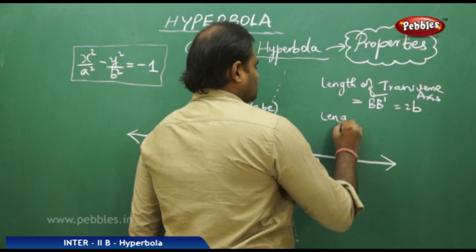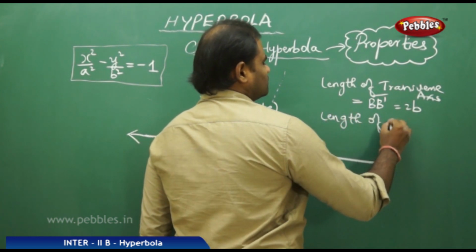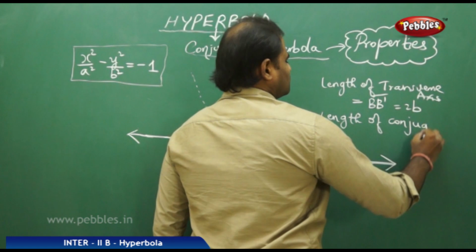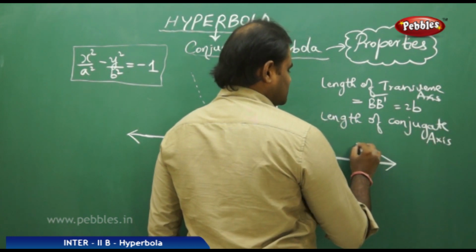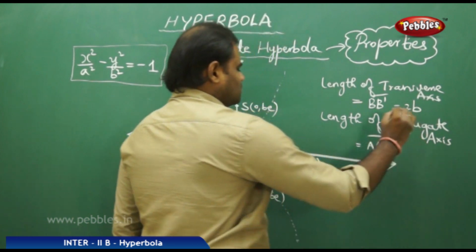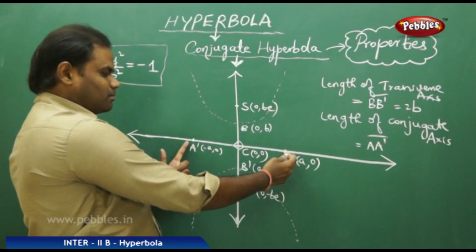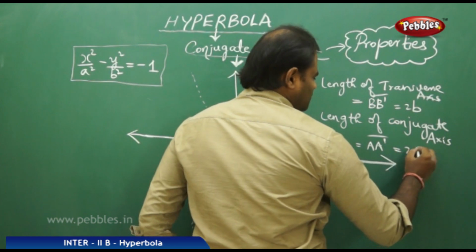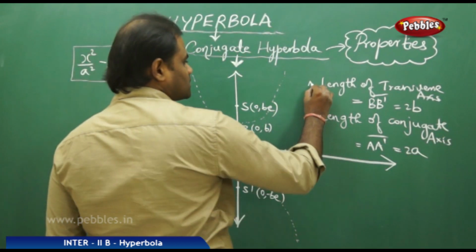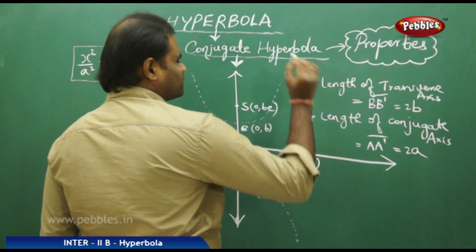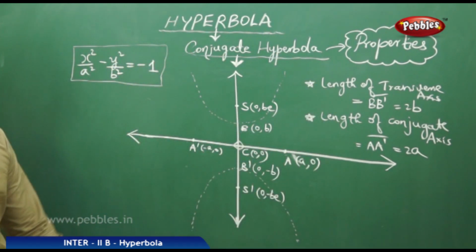And the length of the conjugate axis, which is AA dash, is given by 2a. So the lengths of the transverse axis and conjugate axis are given by 2b and 2a respectively.